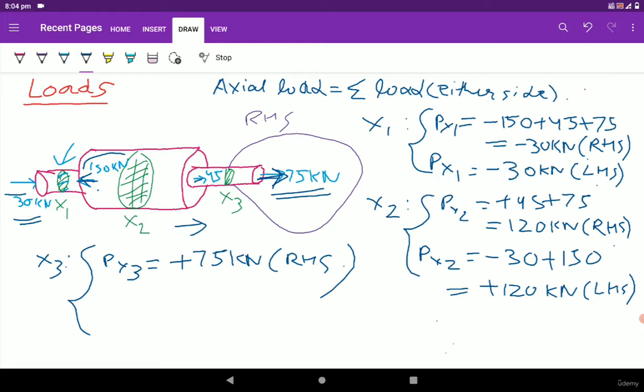Now let's take the left hand side part in order to cross verify. So this is the left hand side part of this x3 cross section.